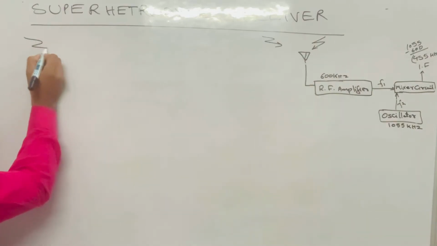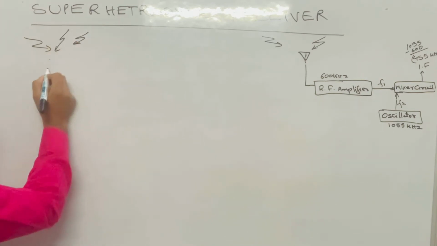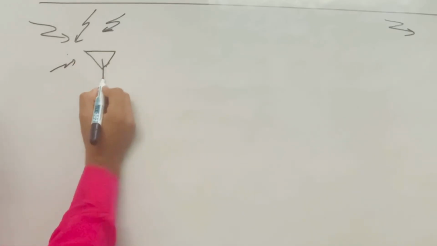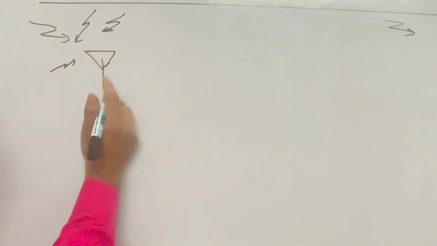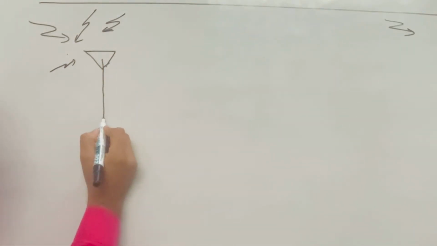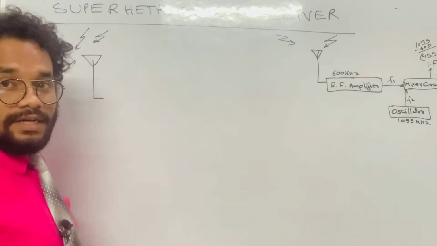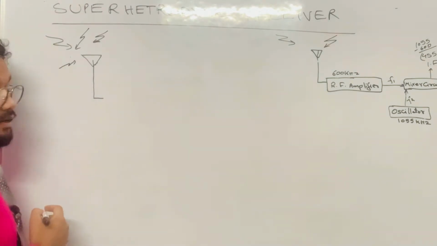So there are broadcasting stations which are transmitting the signal, and there is an antenna. This antenna, or aerial, receives the signal and gives it to the radio frequency amplifier, which I have told you is a parallel tuned circuit where a capacitor and inductor are there.